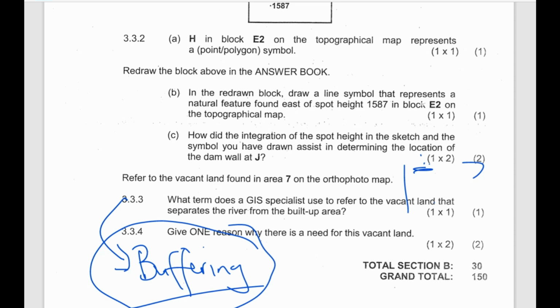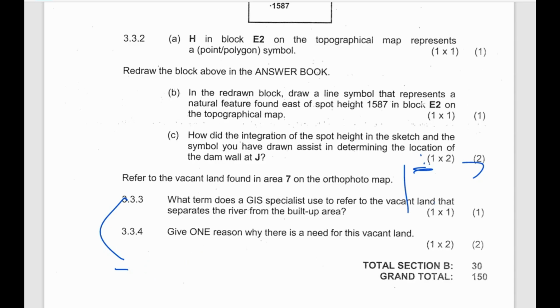Right. Give one reason why there is need for this vacant land. Why should we create a buffer zone between the river and a settlement? Right. For one reason, the major reason there is to avoid the pollution of the river by human activities in the settlement.